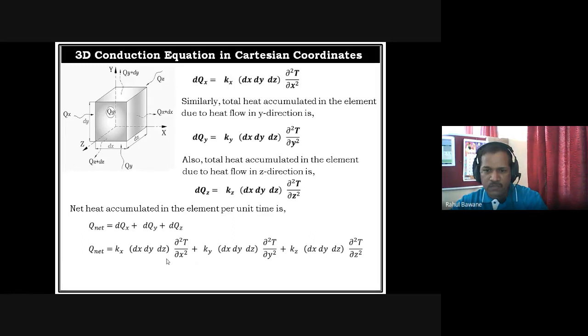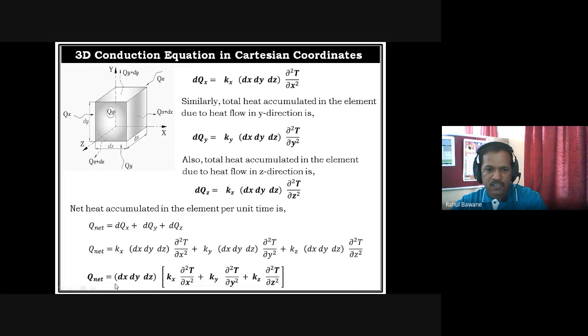Now volume is a common term, so we take it out. So Q net is equal to volume dx dy dz. In bracket it remains kx del square T upon del x square plus ky del square T upon del y square plus kz del square T upon del z square.